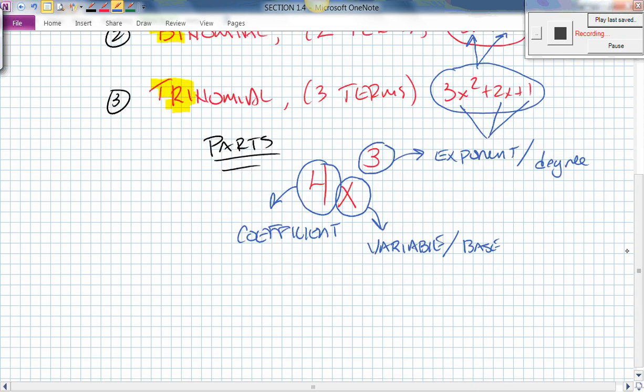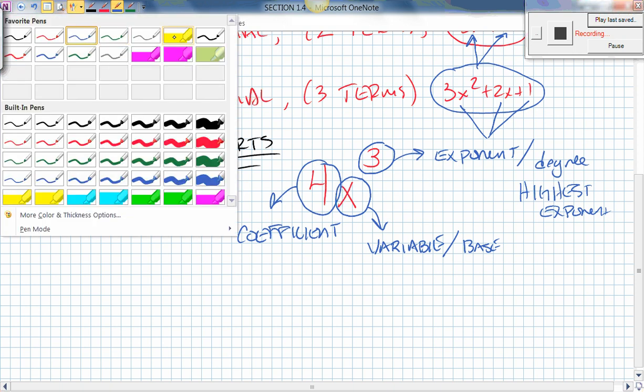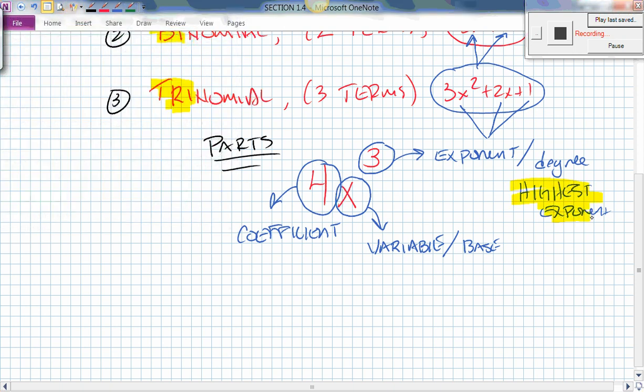And the degree is the highest exponent. So that is important. The degree is the highest exponent right there. Okay, there are all the parts to a polynomial: the coefficient, the variable or the base, the exponent or the degree, and the degree is the highest. Everybody feeling good so far?